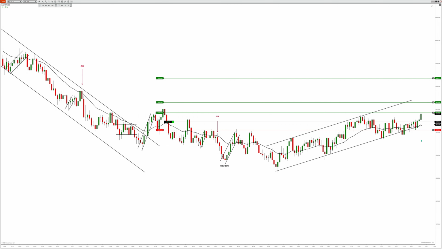One more tick. Alright guys, we got the scalp, so I went ahead and moved my stop loss to break even.